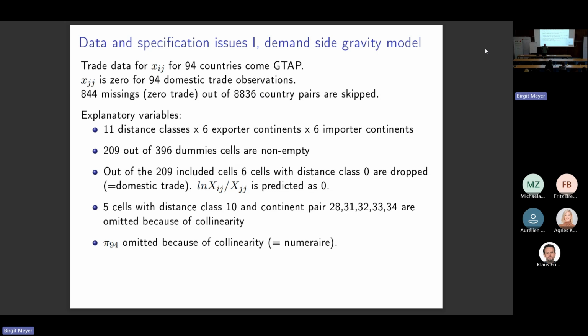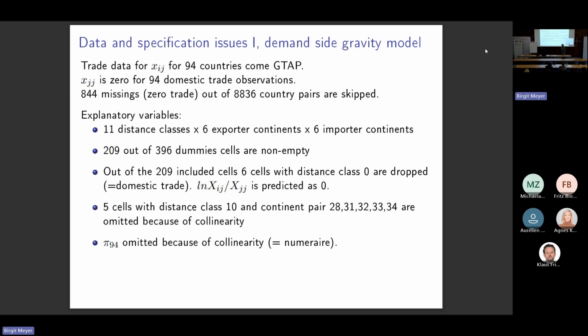Log of 1 is 0. So for domestic trade, 0 is in the trade data on the left-hand side. But it turns out they had good luck because these dummies explain them perfectly. All of those having domestic trade are in class 0, the lowest distance.